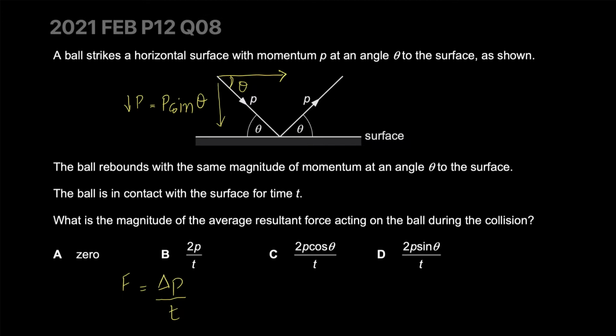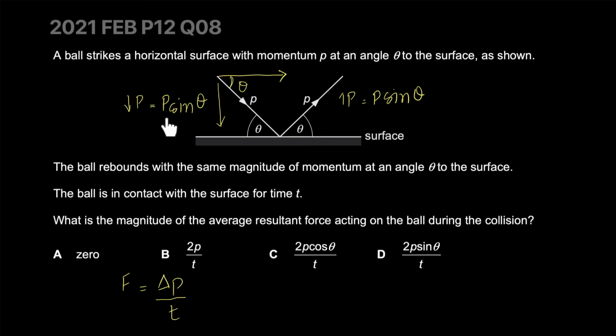Now from this momentum, that's the vertical component, it's changing into P sine theta again, right? But this is in that direction, upwards.